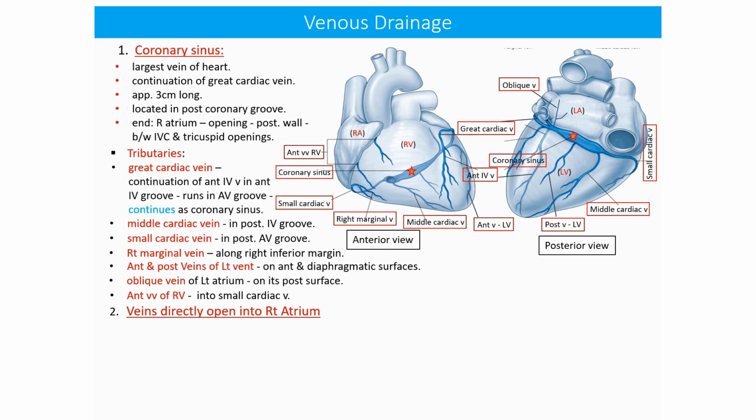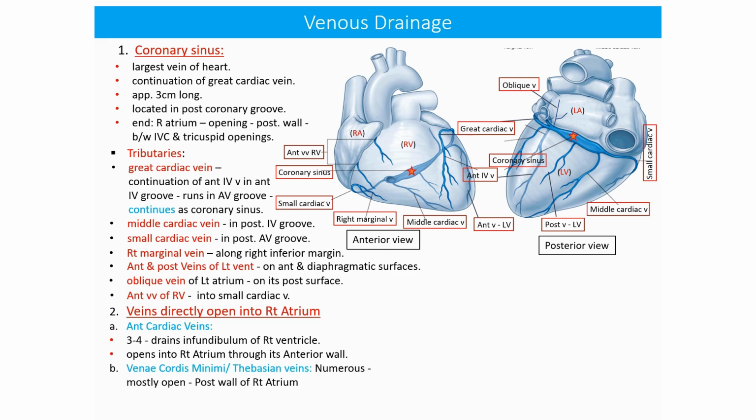The second group are the veins which directly open into the right atrium. First are the anterior cardiac veins, which are 3 to 4 in number and drain in infundibulum of the right ventricle. They open into right atrium through its anterior wall. The second are the venae cordis minimae or Thebesian veins.